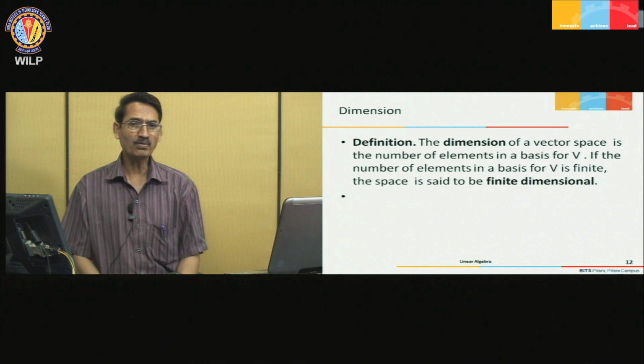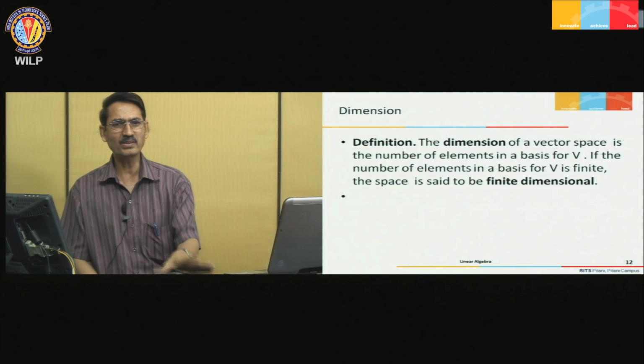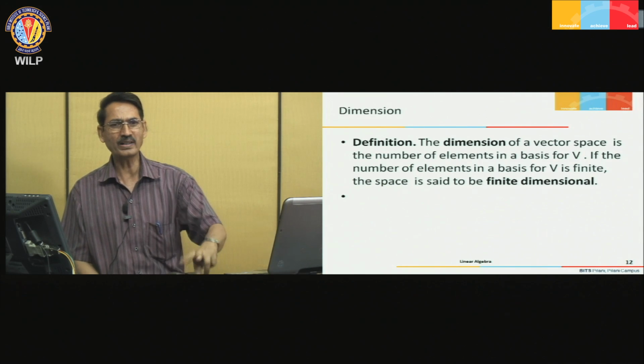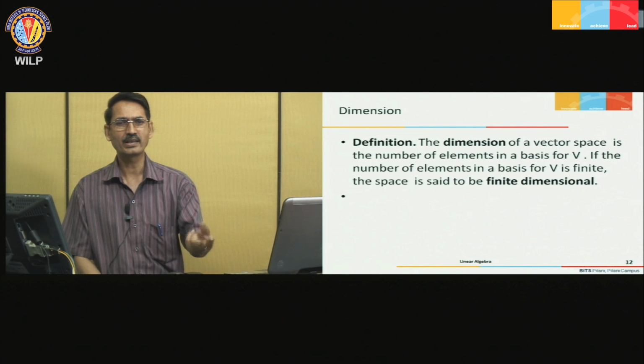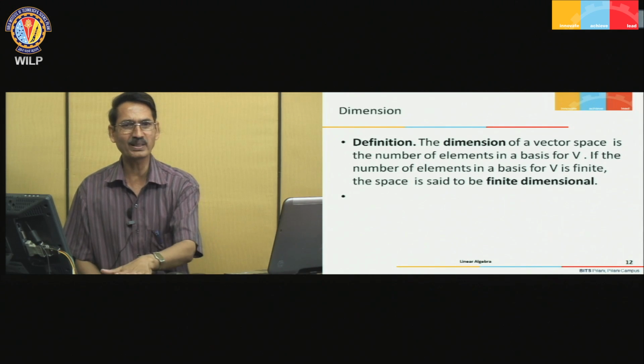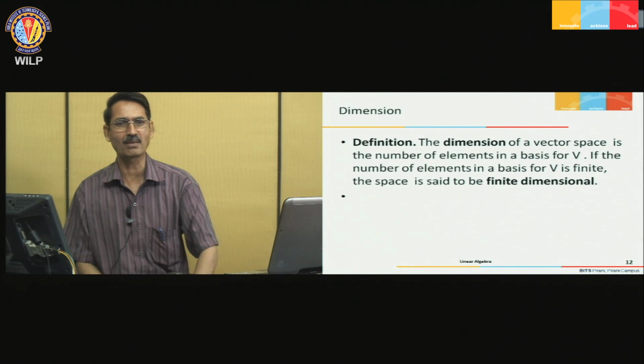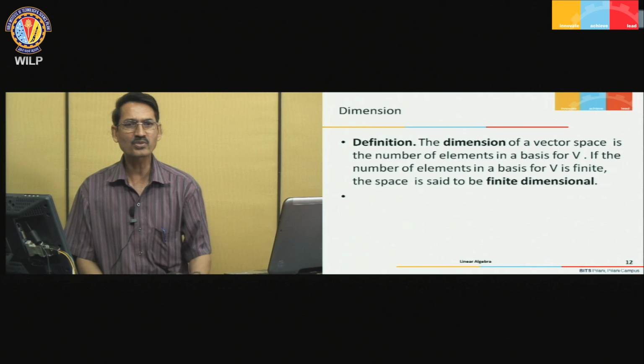And then what is the meaning of a finite dimensional vector space? Finite dimensional means the dimension is finite, that is, the number of elements in the basis is finite. If the number of elements in a basis of a vector space is finite, then we say that the vector space is finite dimensional. And of course, the number of elements in the basis will be equal to the dimension of the vector space.